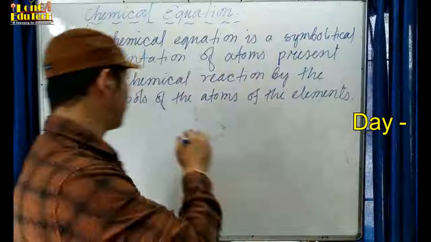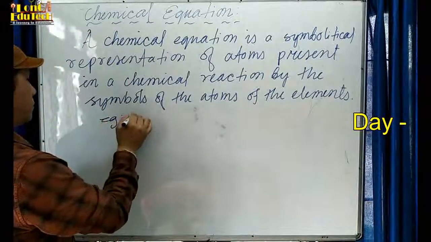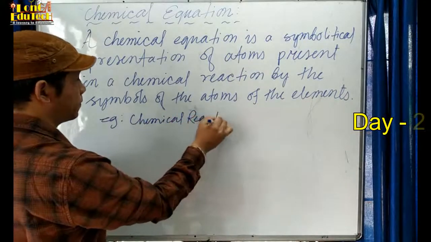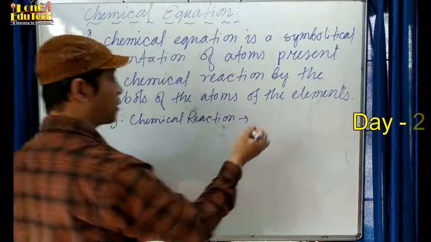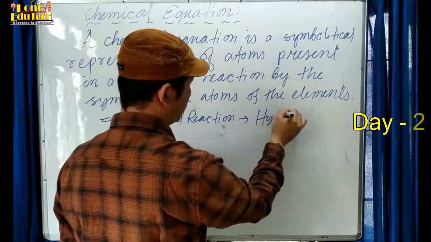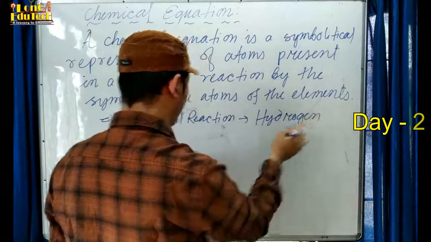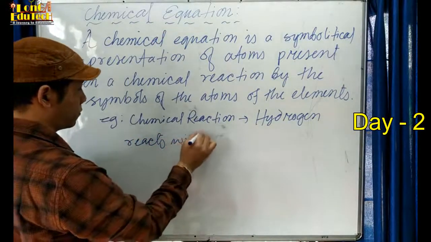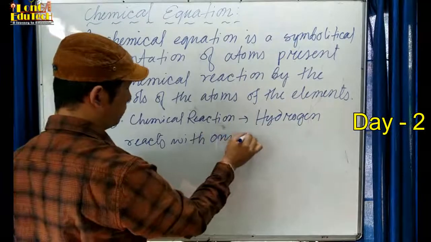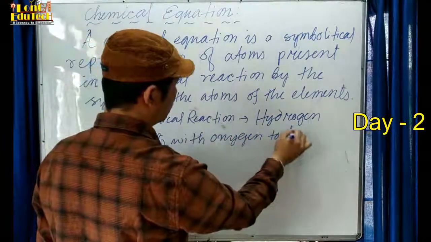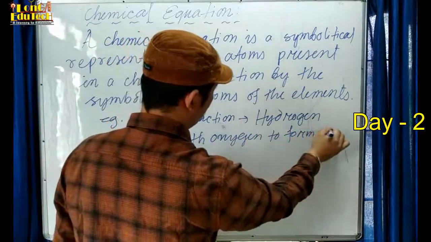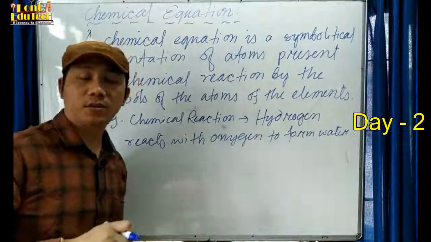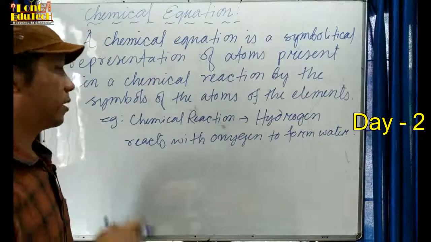Okay, so for example, in a chemical reaction, hydrogen reacts with oxygen to form water. So this is a chemical reaction, and here we are going to represent it as a chemical equation.